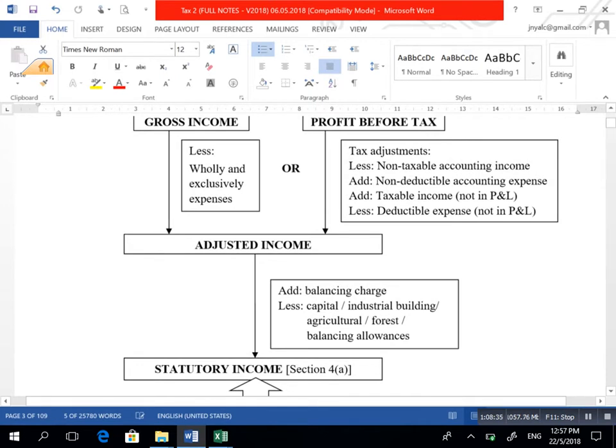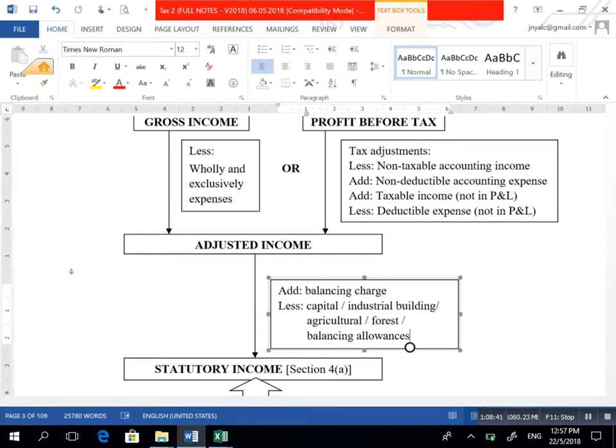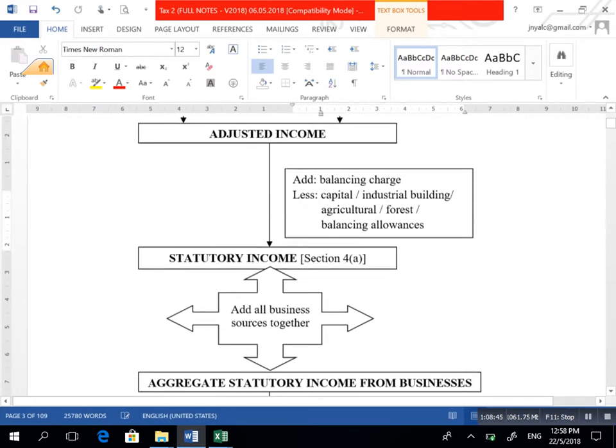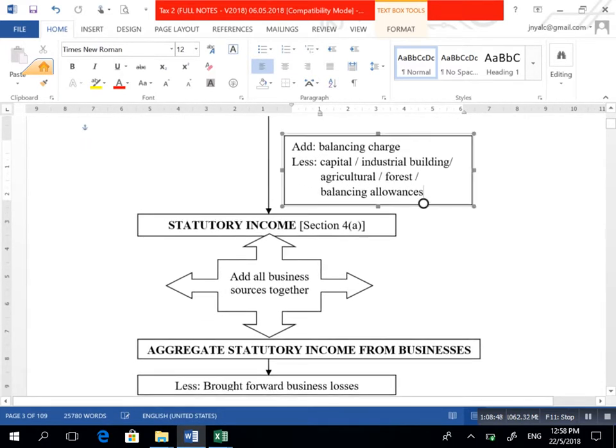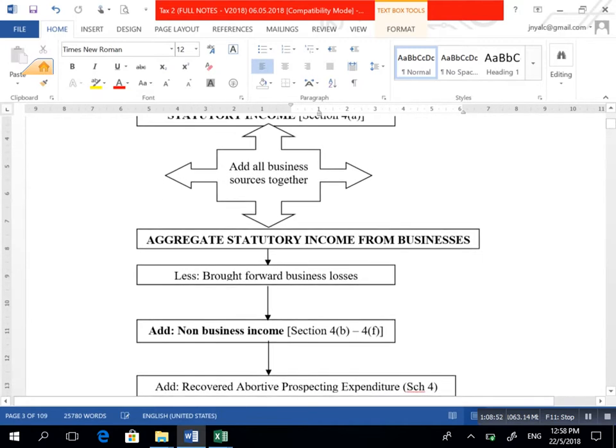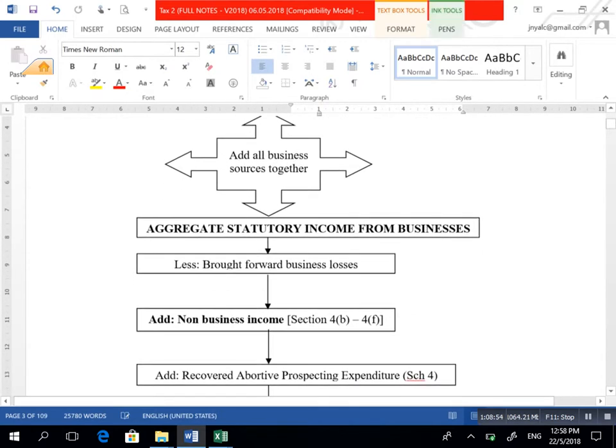If you scroll down according to the format, adjusted income, add or minus some charges or allowances, any income that you add on, minus brought forward business loss, and then add non-business income, and so on. Can you see there is a total income here? This is what the question requires.